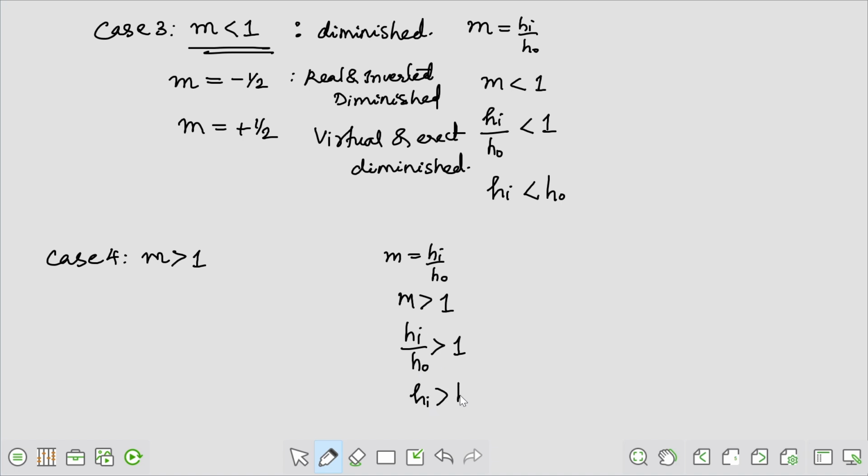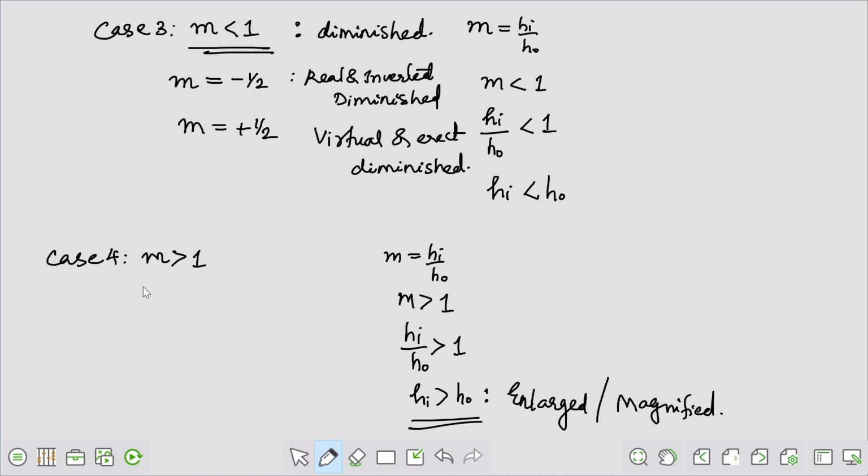What does this mean? Image height is greater than the object height, which means that the image formed is enlarged or magnified.